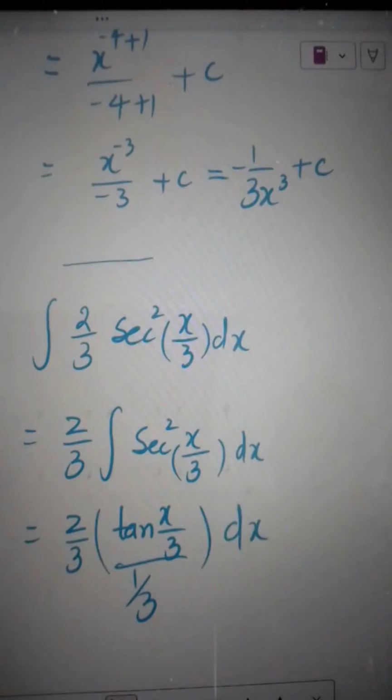The angle is x by 3, its derivative is 1 by 3, we divide by this. So 3 at the second place and 3 at the third place can cancel each other. 2 tan x by 3 plus c is the answer.